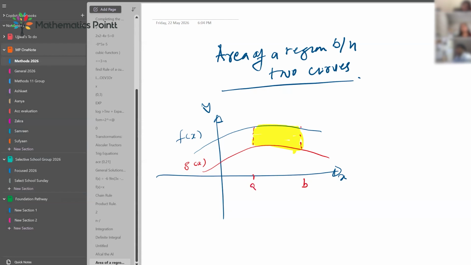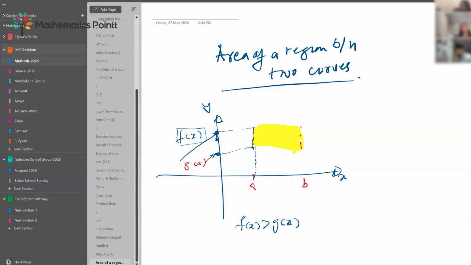Now, in this scenario, f of x, which is the y value, is obviously greater at this point than at this point, right? So can I say f of x is greater than g of x? If I look at point A, this is the value of g of x, whereas this is the value of f of x.